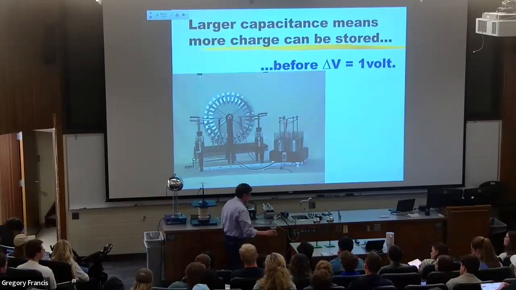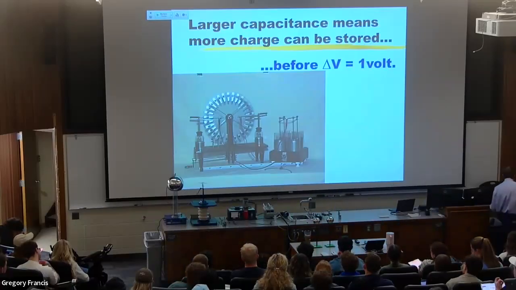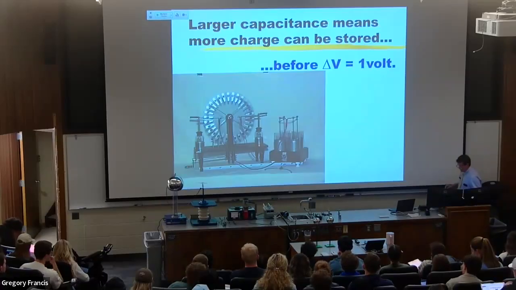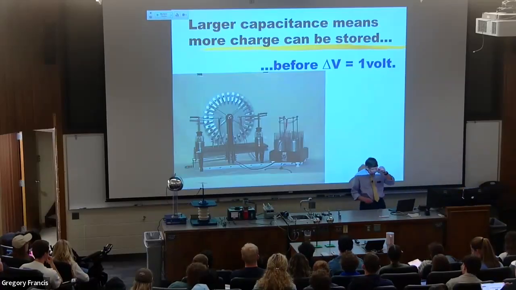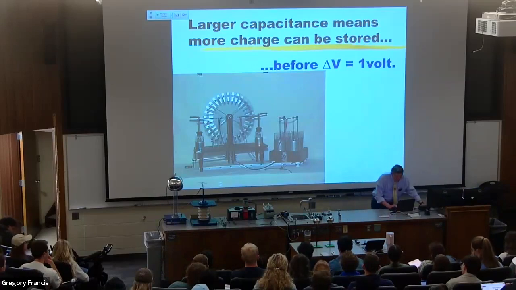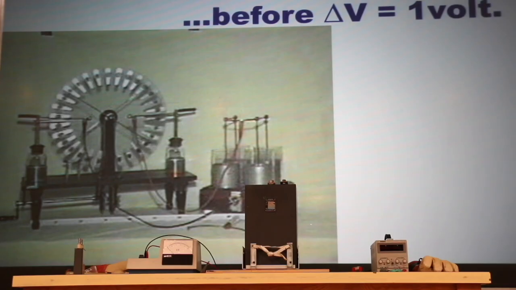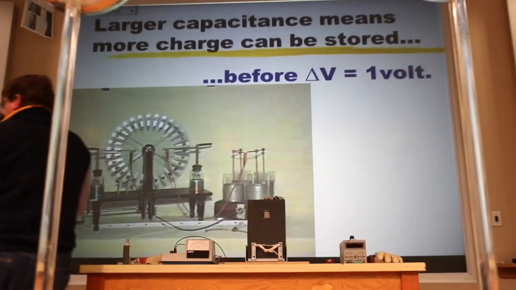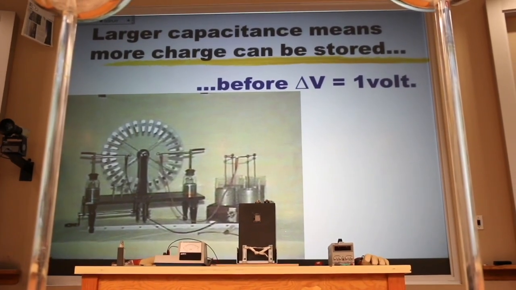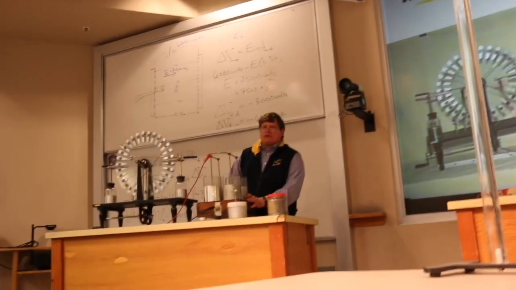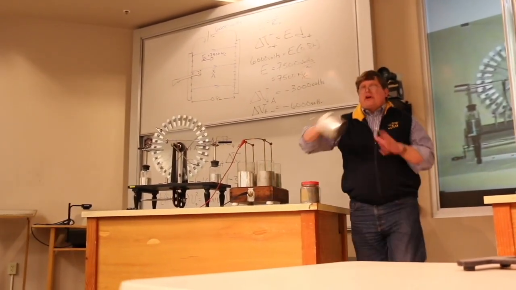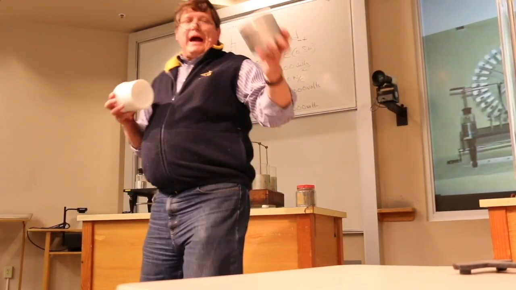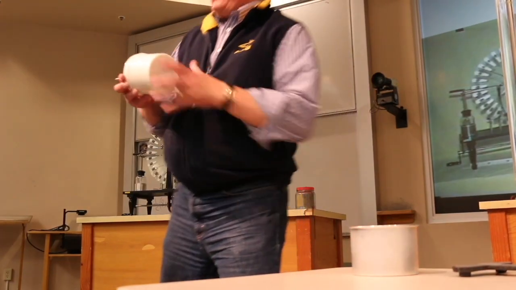Okay. Now, I'm going to show you a quick video because our Wimshurst machine here at BYU is broken, and I've looked all over the internet to find a new one, and they just don't make them like they used to. I have here a Wimshurst machine connected to a bank of what are called Leyden jars. Now, Leyden jars are just primitive capacitors, the type that Ben Franklin used.